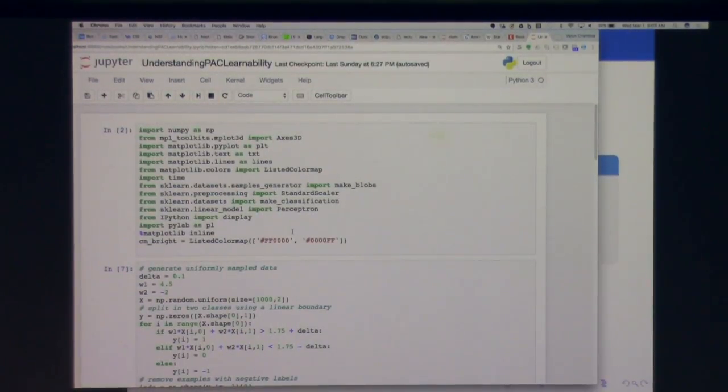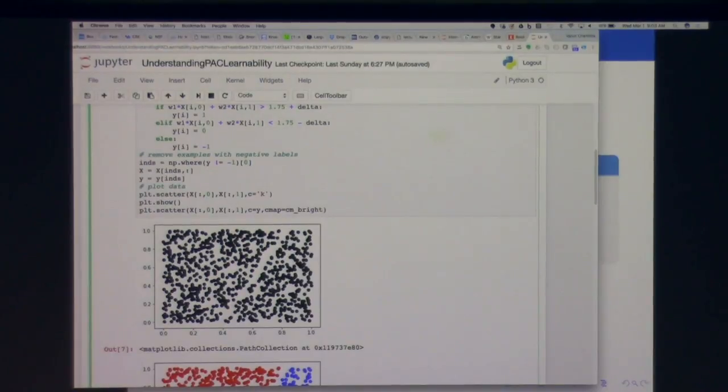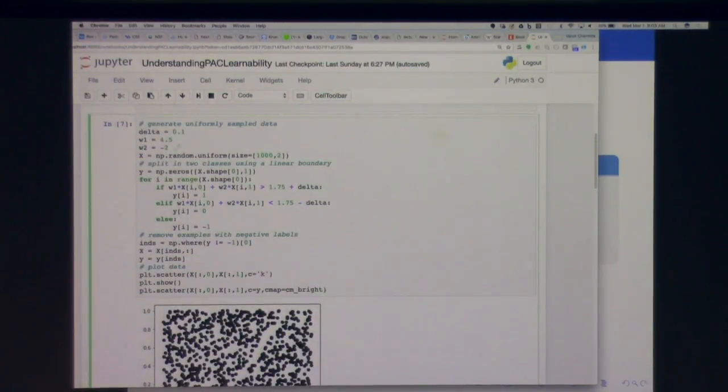So let me give you a general idea with some data. Let's say this is all of our data that is being generated by some distribution. In fact, if you look at this data set, I generated it using a uniform random distribution. It essentially creates a box and picks points uniformly.